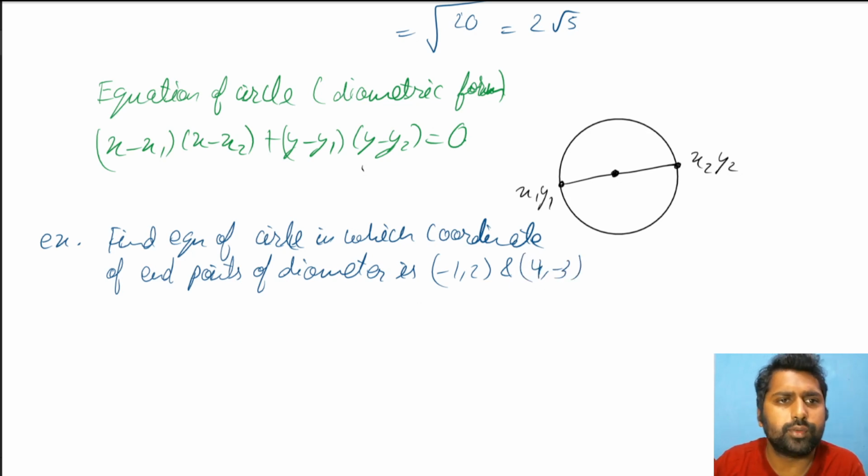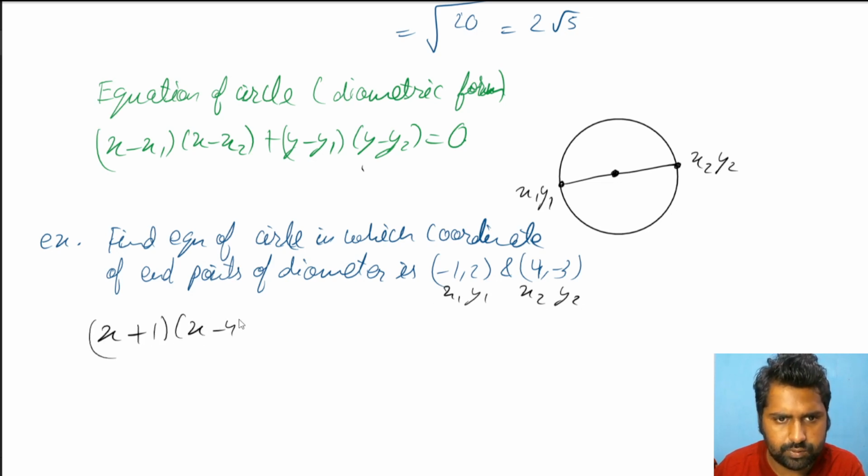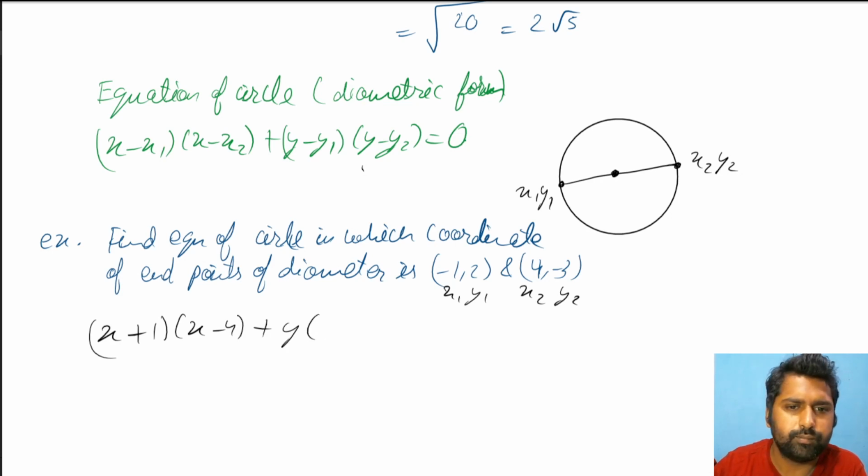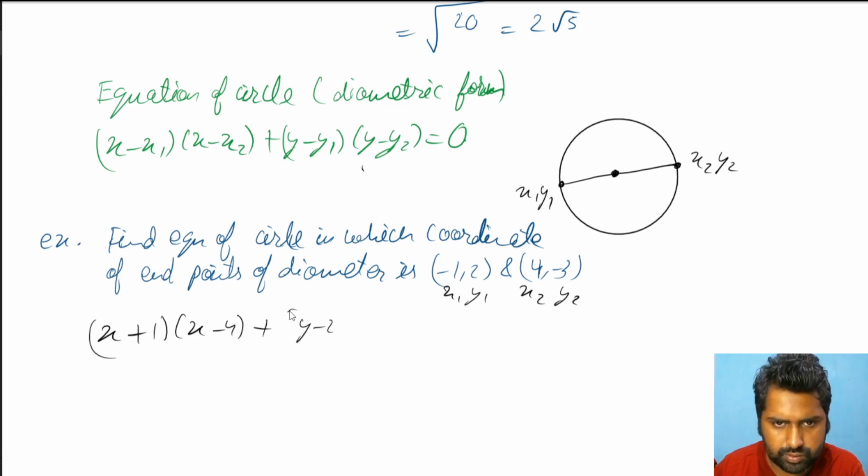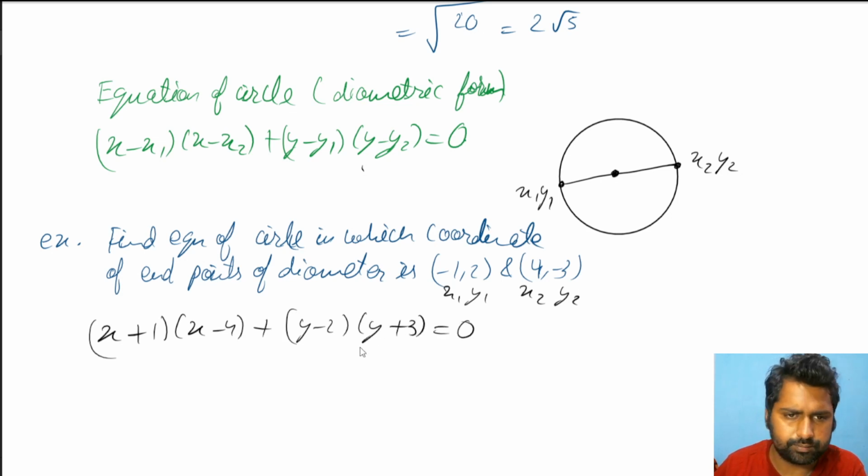Alright, let's use it. The format is, this is our x1, y1 and x2, y2, the endpoints of the diameter. So (x minus x1), so minus of minus 1, (x plus 1)(x minus 4) plus (y minus 2)(y minus minus 3) is equal to 0.